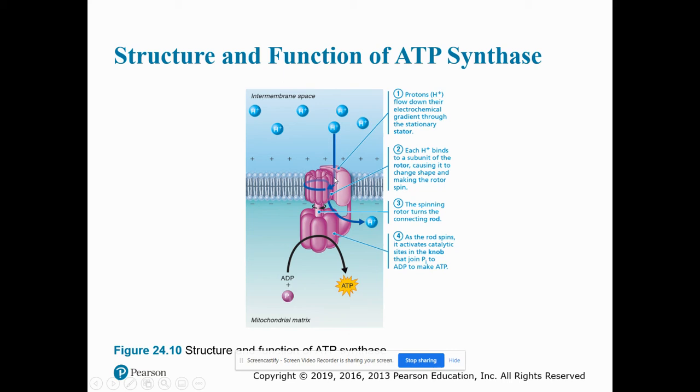Then each proton is going to bind to a subunit of the rotor, which is going to cause it to change shape, which is going to cause the rotor to spin. That spinning rotor is going to turn the connecting rod, and then as the rod spins, it activates the catalytic sites in the knob that's going to join that high energy phosphate to ADP to make ATP.